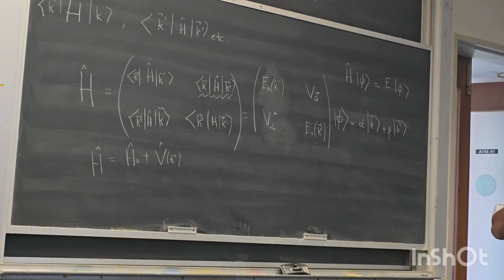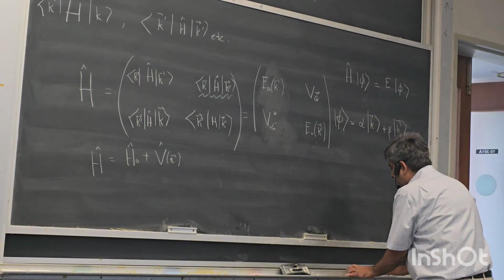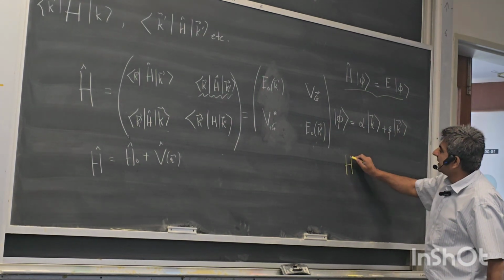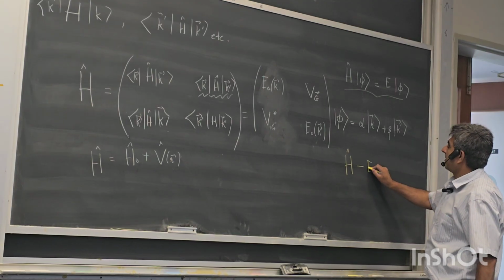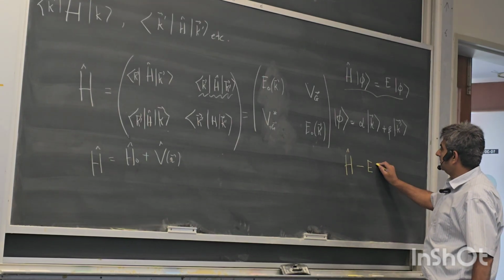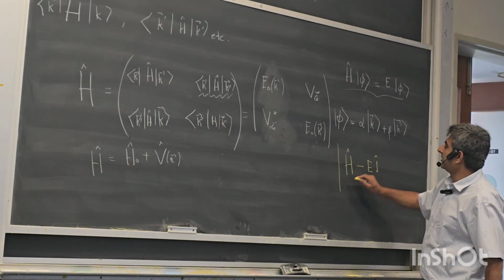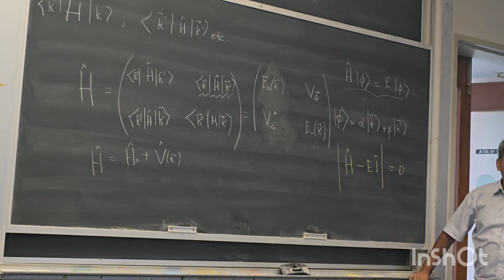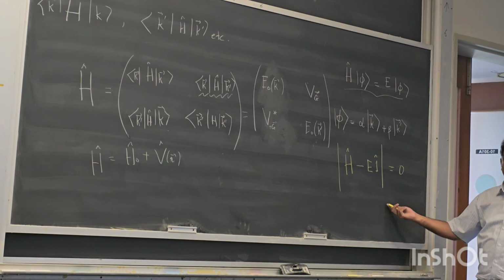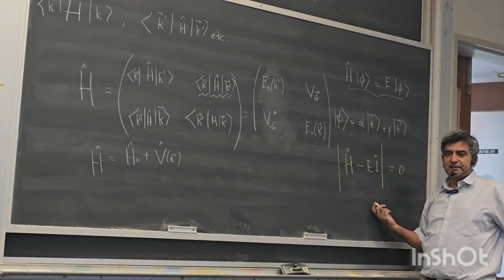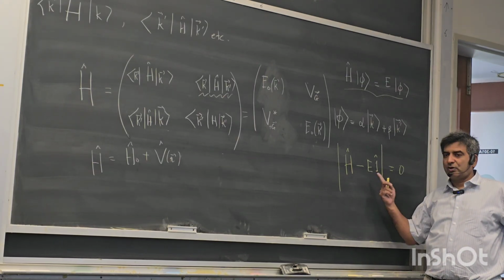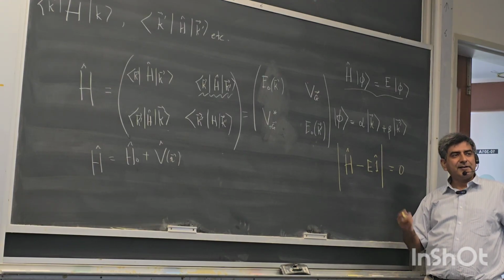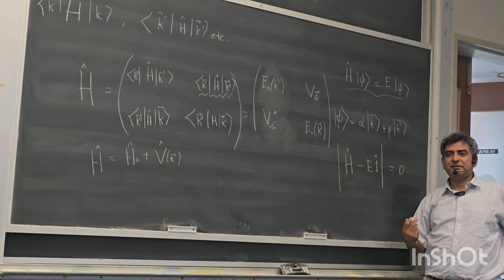According to degenerate perturbation theory, you look at this equation, take H to the other side, and find the determinant of this matrix, put it equal to 0, and solve this characteristic secular equation, as it is called, for finding out the perturbed energies. That's how you apply the degenerate perturbation theory.